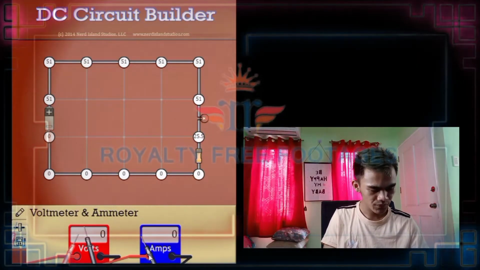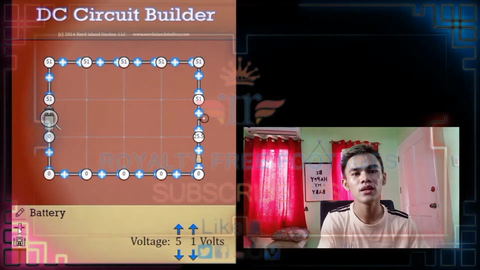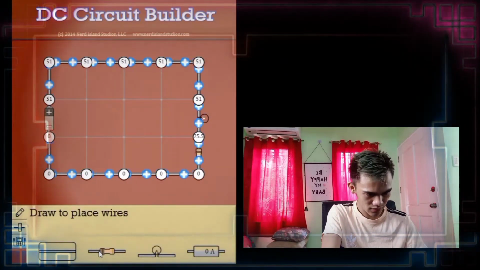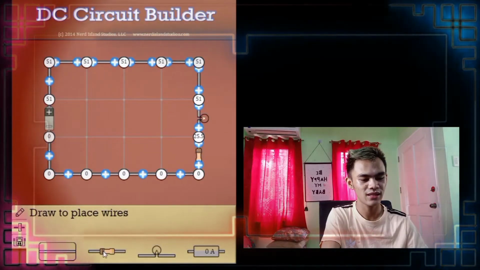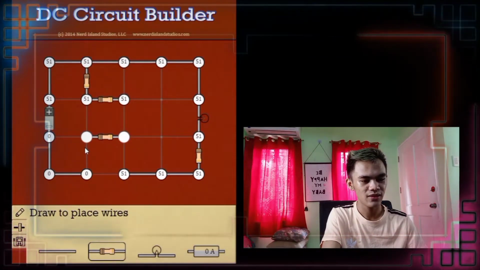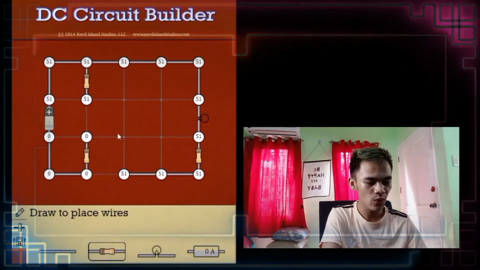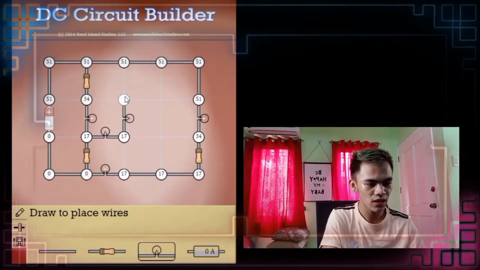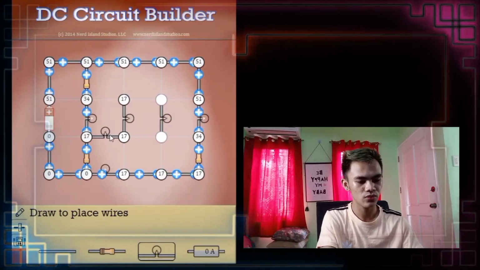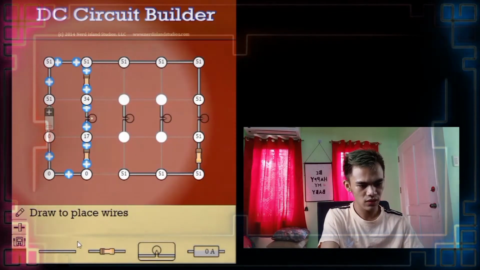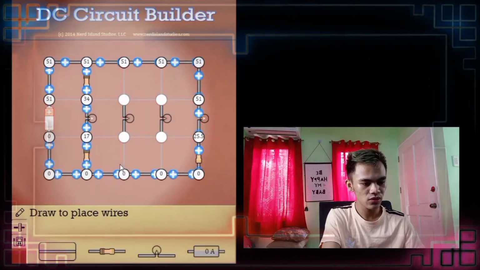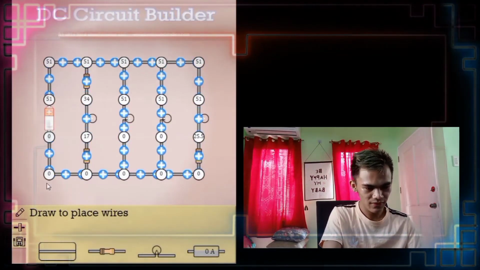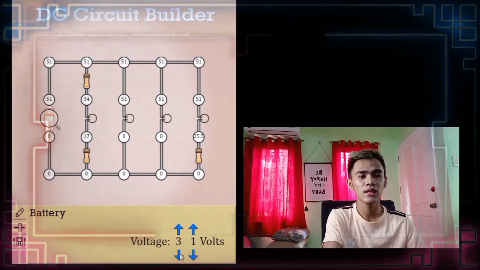Alright, so let's try to make a parallel circuit. As we all know, in a parallel circuit there are two or more paths where the charge or the electricity will flow. We're not going to use a combination. Let's reduce the voltage.